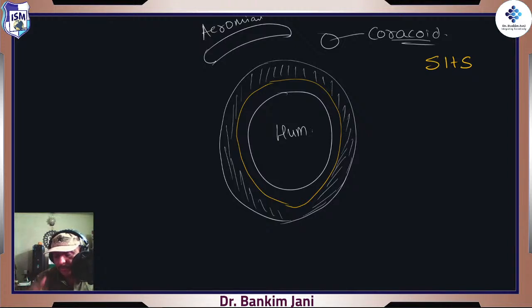So out of these two, is the coracoid anterior or the acromion anterior? Coracoid is anterior, right? Because coracoid is giving attachment to two muscles. What was the name of the deeper muscle? That was coracobrachialis, because it was going right in the front, and next time when we study the arm, we'll see that coracobrachialis goes straight like this, a very important muscle.